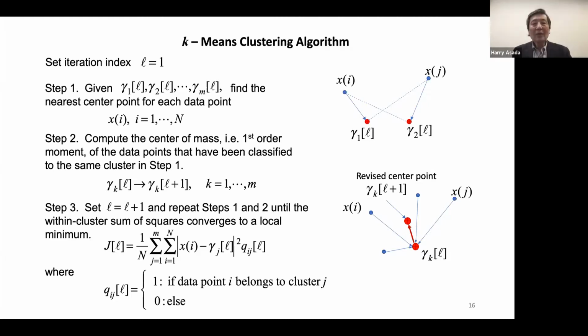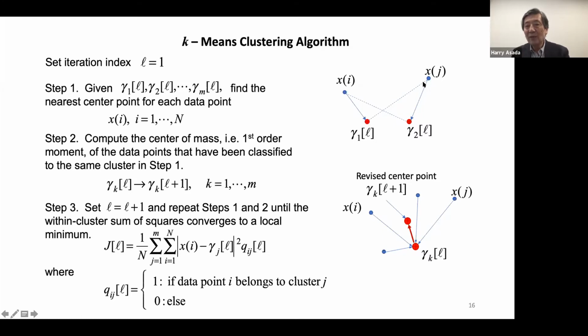Then what you need to do is just as shown in this plot. We are given gamma 1 and gamma 2 here, say two center points existing here. We look at the data points and find which of these two is closest to this xi. In this case, I'm comparing this distance versus this distance, and this distance is shorter, so this one belongs to this center point.